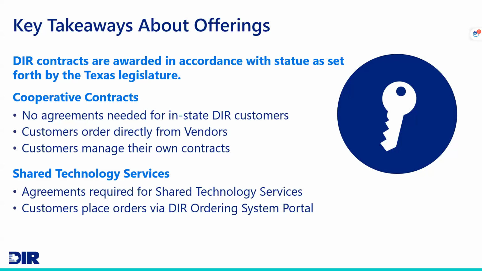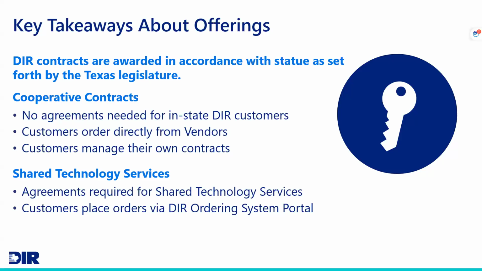If you're a local gov, like a city or a county, you might be a member of the Texas Smart Buy, but you're also automatically a DIR eligible customer. So you don't have to be a member of the Smart Buy to do business with DIR. Also, you don't need to have an agreement in place with us if you're an eligible in-state customer. You order directly from our vendors under our co-op contracts, and you manage that master agreement with that DIR vendor.